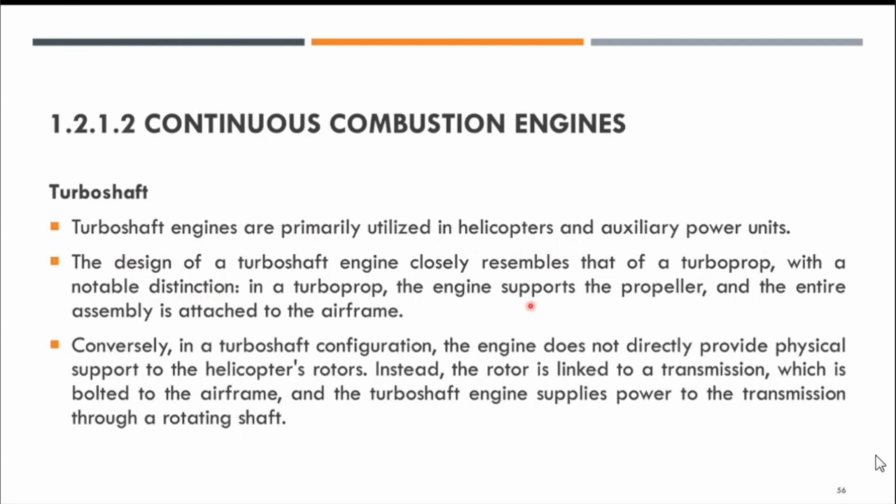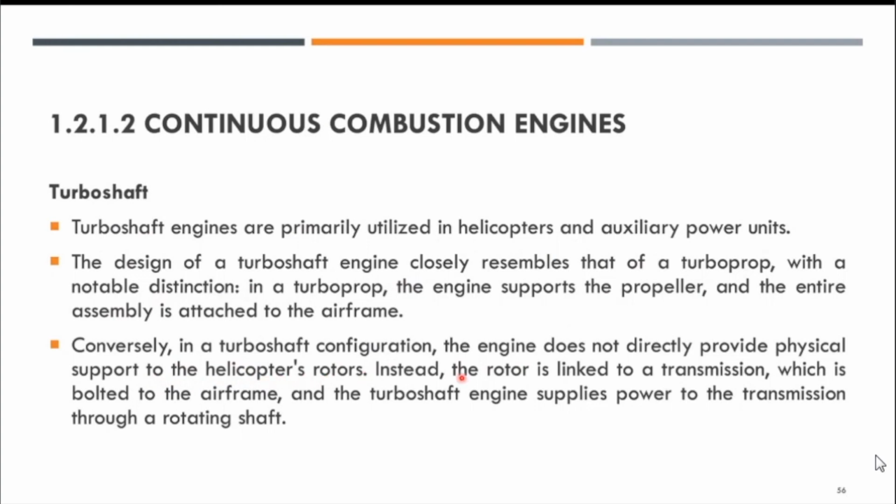Okay, the engine supports the propeller and the entire assembly is attached to the airplane. This is in a turboprop. For a turboprop type of aircraft engine, the engine will support the propeller, and the entire assembly is attached to the airframe. Whereas for a turboshaft configuration, the engine does not directly provide physical support to the helicopter's rotor.